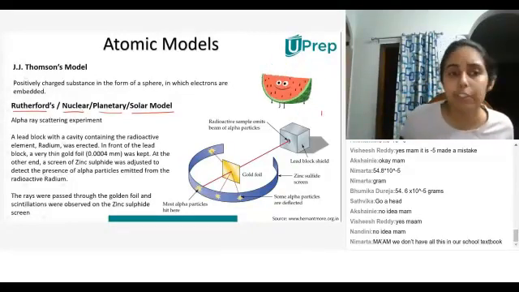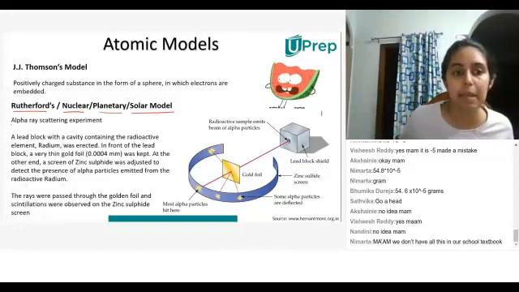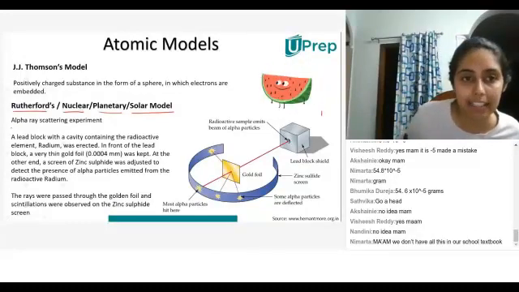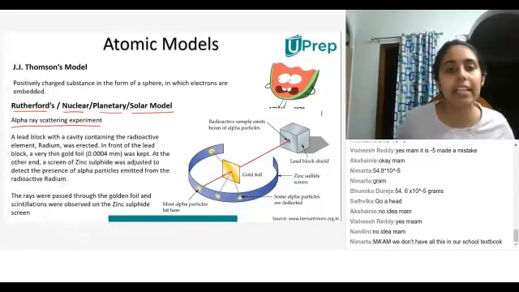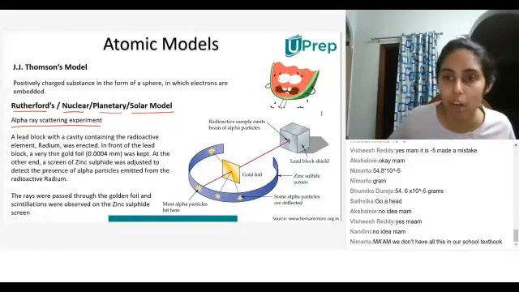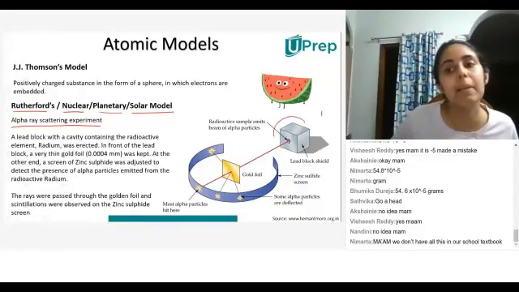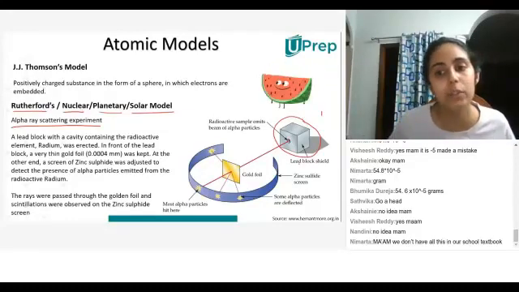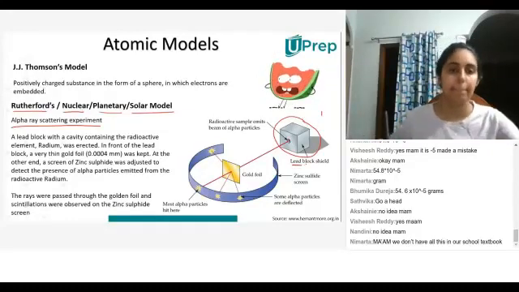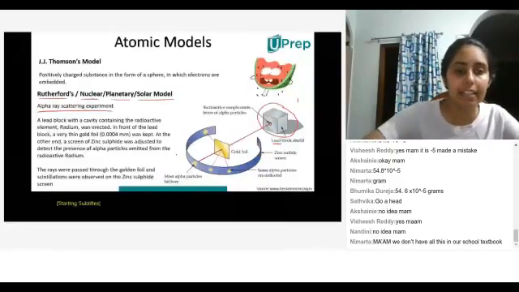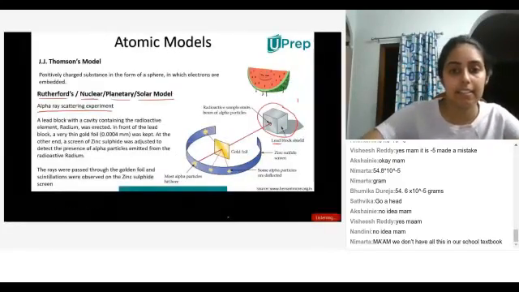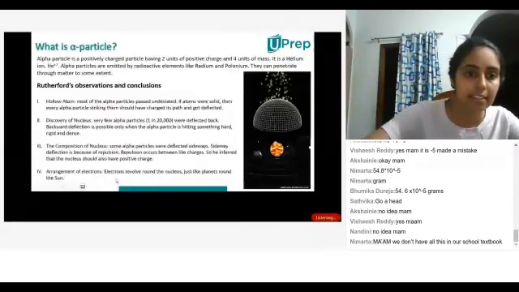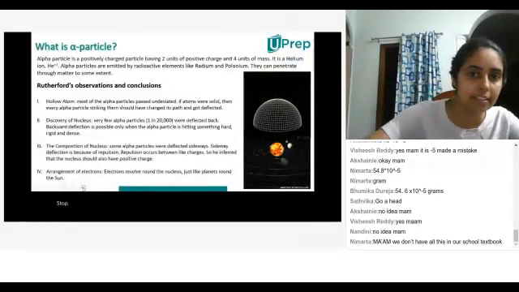So Rutherford performed an experiment called the alpha ray scattering experiment. In this, he took a lead block. Can somebody tell me what is the purpose of lead? What does lead do? It is the substance that is used in pencils, and it is a non-metal which conducts electricity.